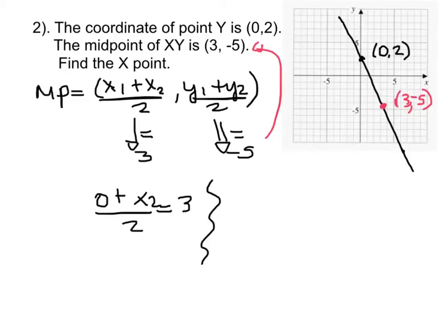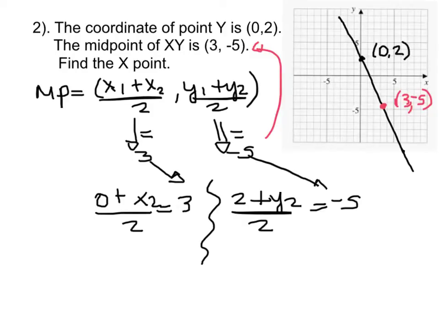And this side, I'm going to put 2 plus y2 into 2 is equal to minus 5. Can you see from where we get the 3 and the minus 5? Okay, so let's solve and get x2.